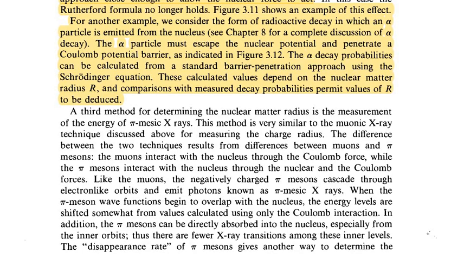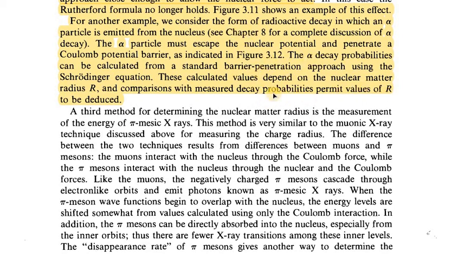The alpha decay probability can be calculated from a standard barrier penetration approach using the Schrodinger equation, because that is a quantum mechanical process. These calculated values depend on the nuclear matter radius r, and comparisons with measured decay probabilities permit values of r to be deduced.